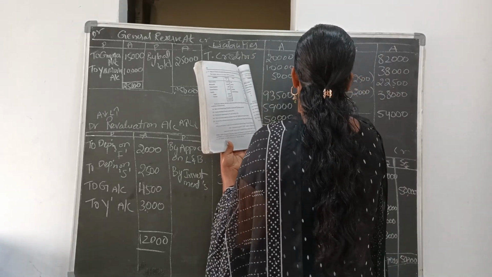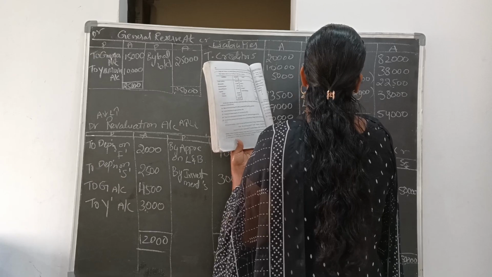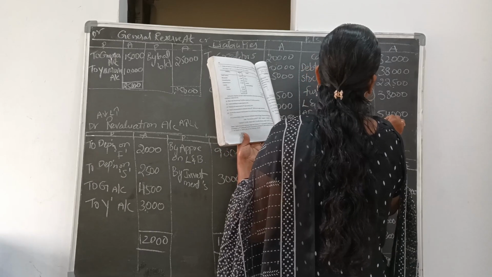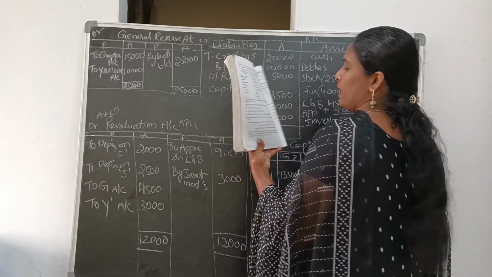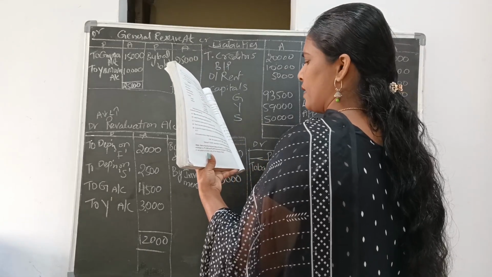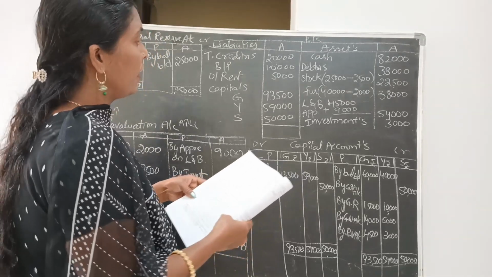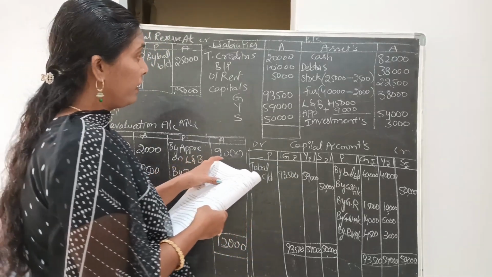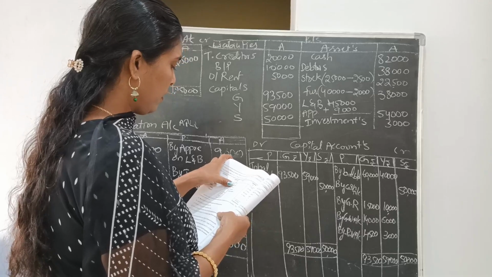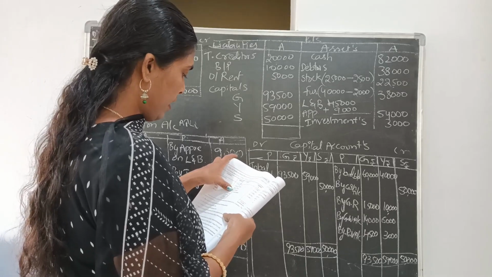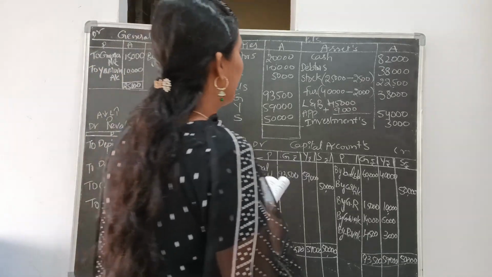Investments are not recorded, so now I am going to record 3,000. The value of investment is 3,000. Is there anything left? Let me check it out. Debtors, cash, stock, furniture, land and building.